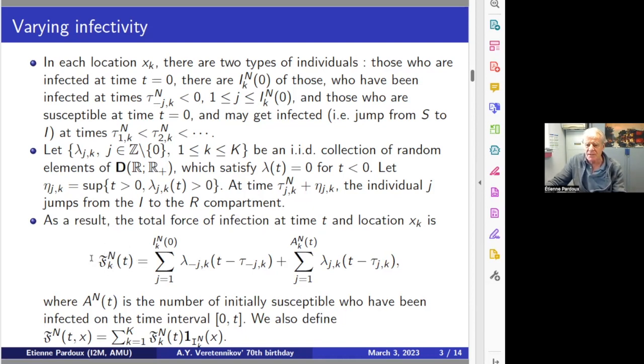So F_n^k(t) is the total force of infection at time t in patch k, and this is the sum of the infectivity of all the individuals who were infected at time 0 plus the infectivities at time t of those who have been infected between time 0 and time t. A_n^k(t) is a number here, the number of those individuals in patch k who were initially susceptible and who get infected on the interval [0,t]. And of course, we also define F_n(t,x) to be piecewise constant as a function of x, like the other quantities.